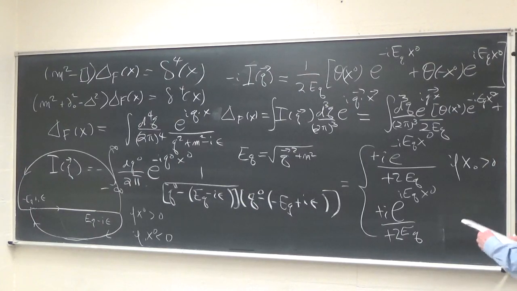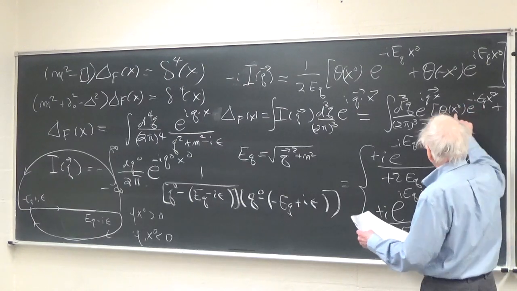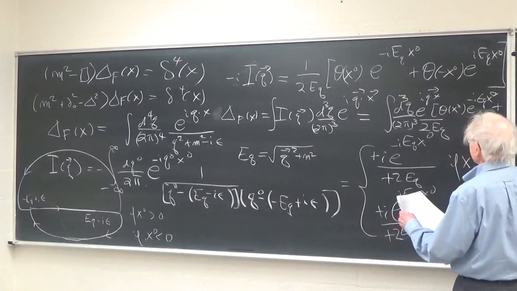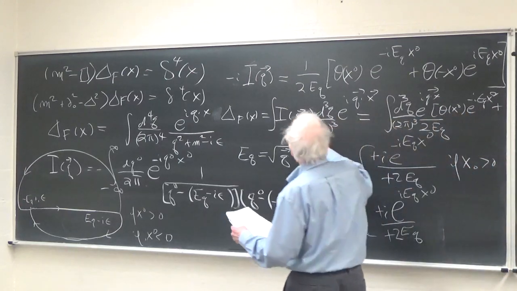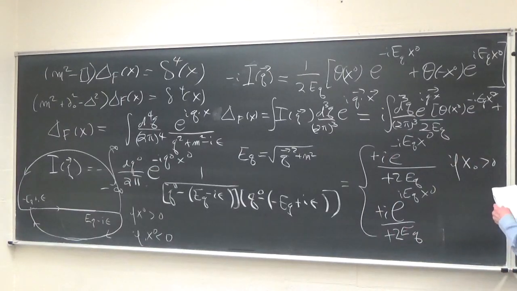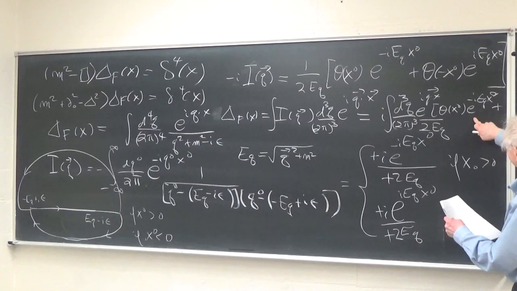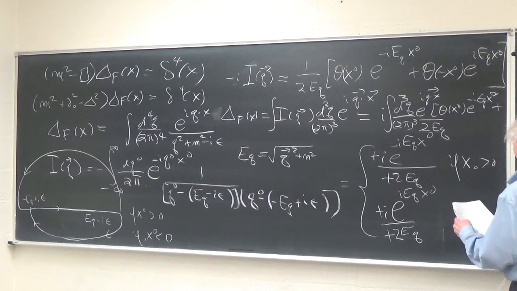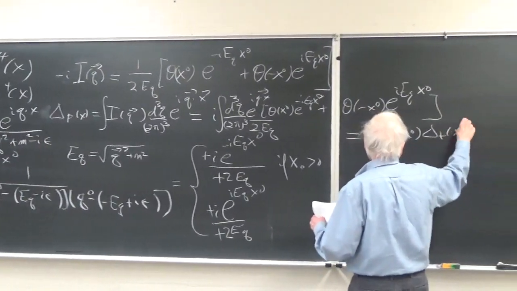And this term here, the first one then, is, oh, I forgot an overall I. Okay. So there's an overall I, and apart from that, this is delta plus of x. So this is I theta of x0 delta plus of x.